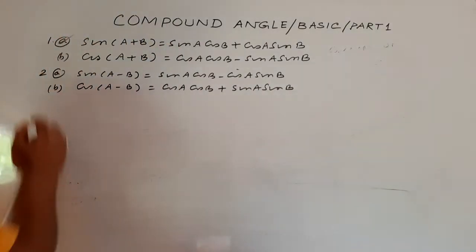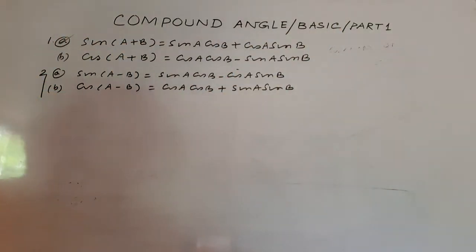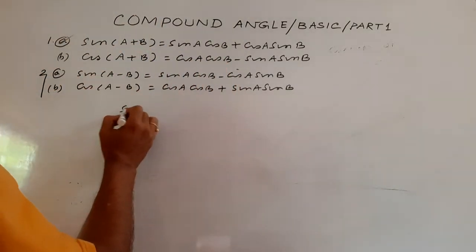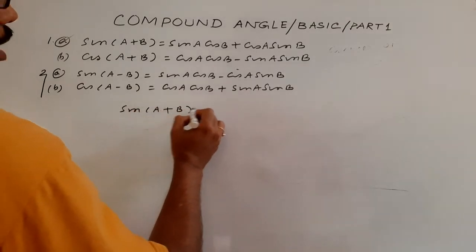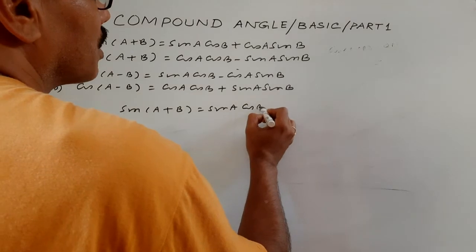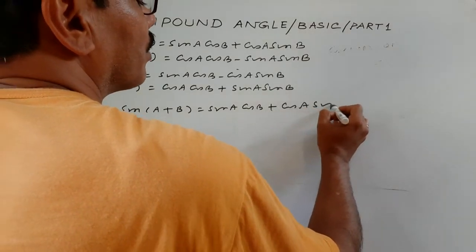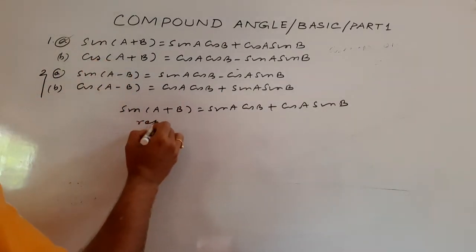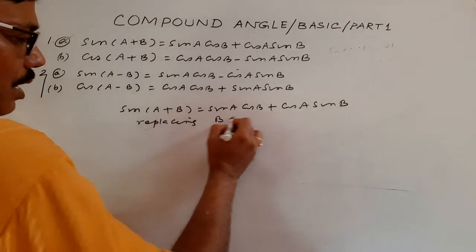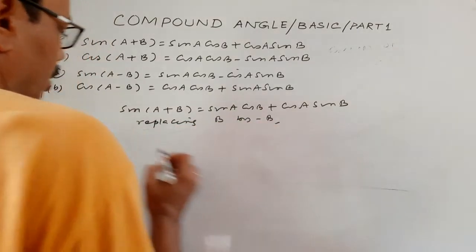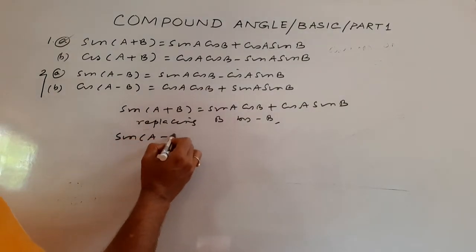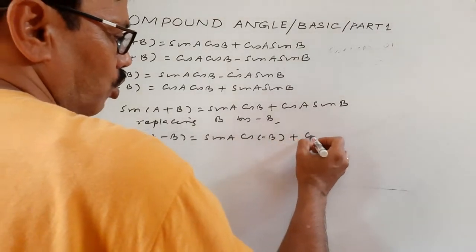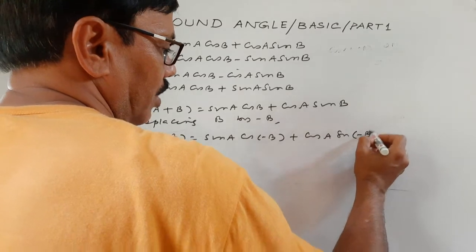Now, you can prove result 2 with the help of 1 also. If you are interested, we know sin(A+B) equals sin A cos B plus cos A sin B. Now, you have to prove sin(A−B). So, replacing B by minus B, what are we getting? Sin(A−B) equals sin A cos(−B) plus cos A sin(−B).